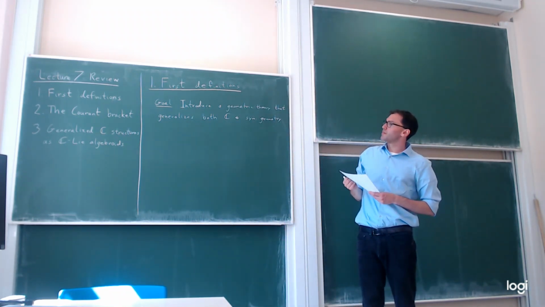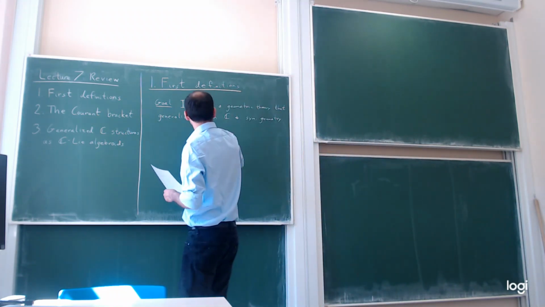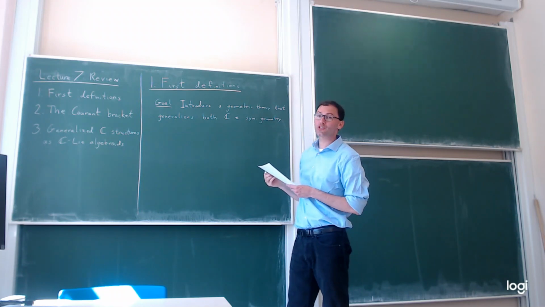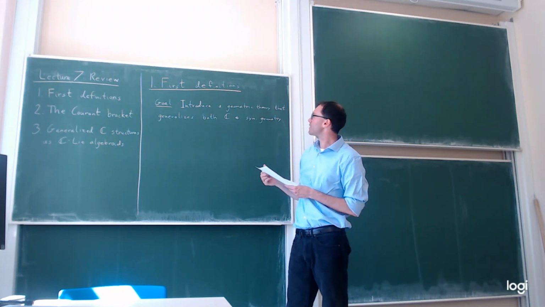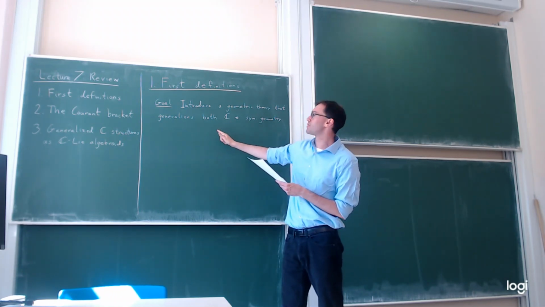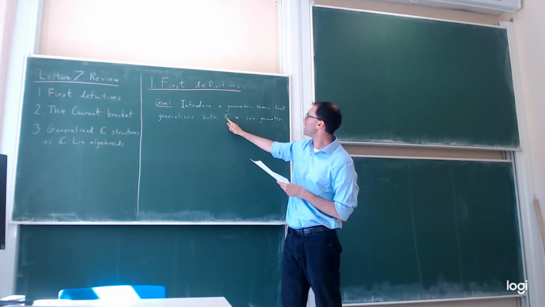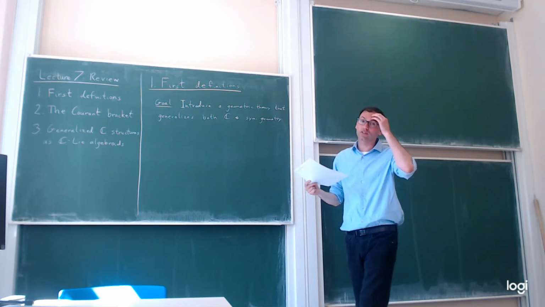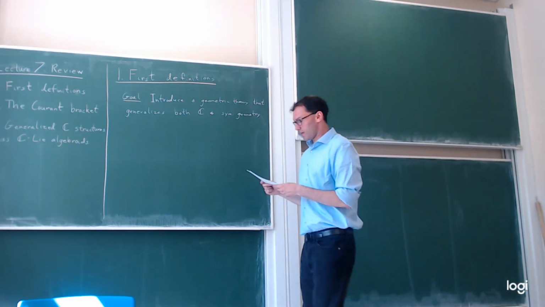So in some sense, we want that geometric structure which is minimal, subject to the condition that it includes complex structures and it includes symplectic structures.